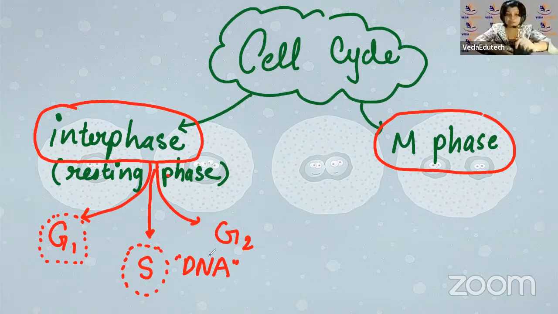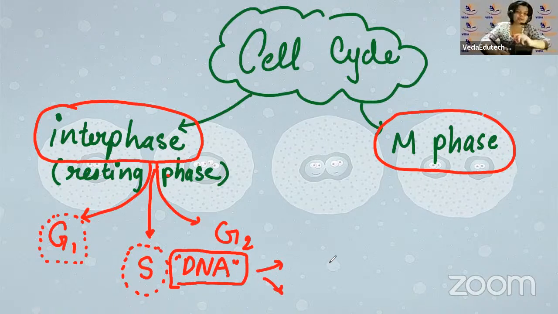So what are you doing? You are actually replicating this DNA because you want to make sure that this DNA is divided equally between two daughter cells, right? For that, you need to have another copy of the DNA because you want to make sure that both the daughters get the same number of chromosomes that the mother cell has, right?